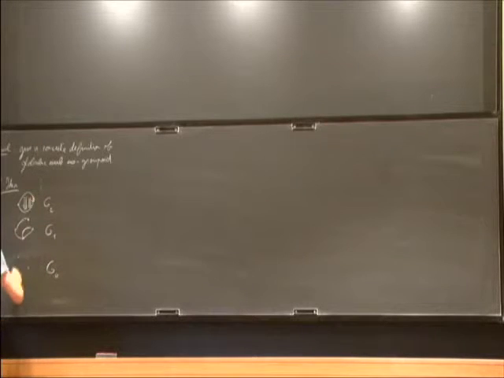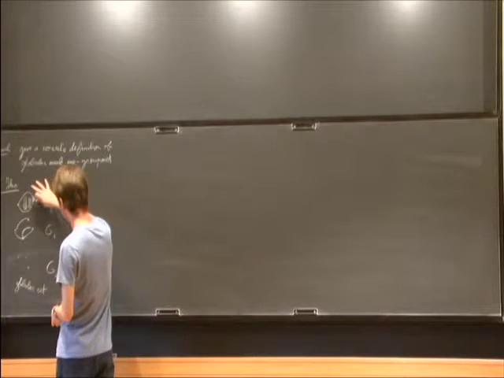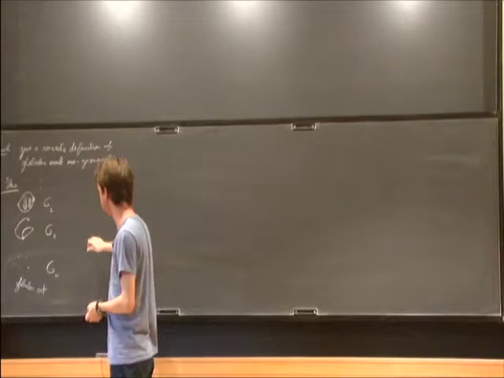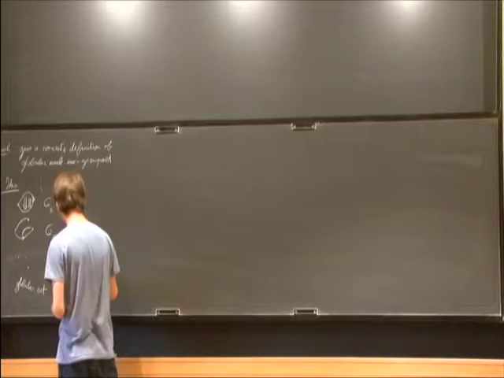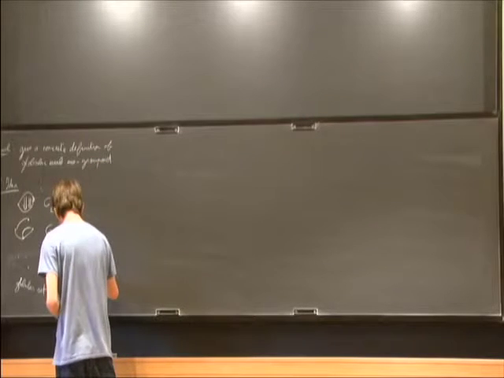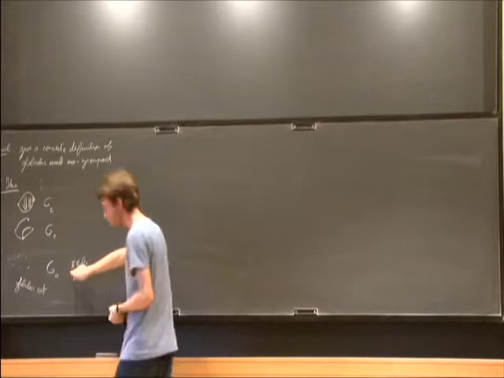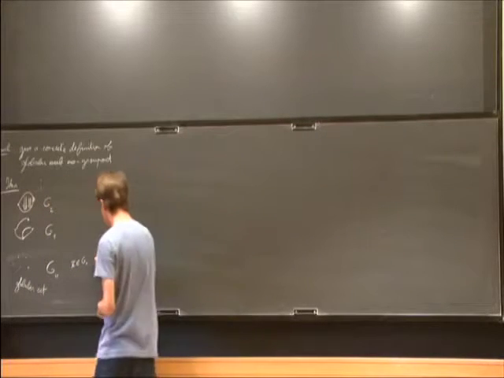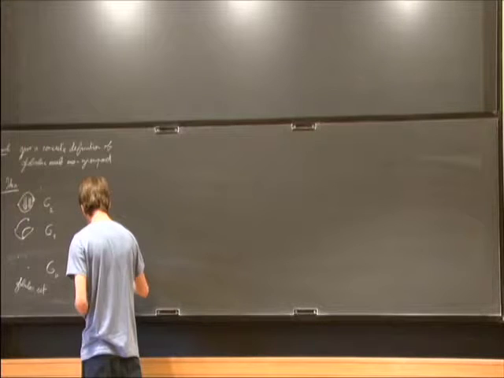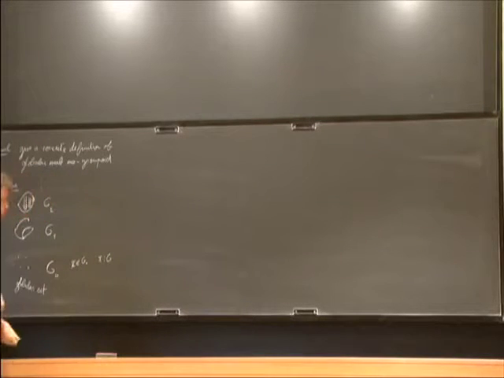So this structure is called the globular set. And then you will have various operations. For instance, you will have composition, identities, and so on. To explain the operations a bit, I will adopt a type theoretic notation. If I have an object of G, I will write it x colon G, just to remind of type theory.